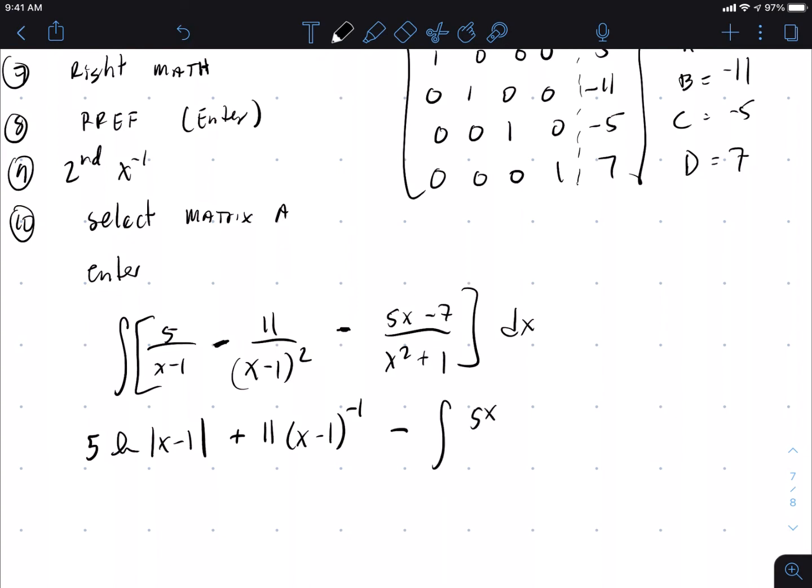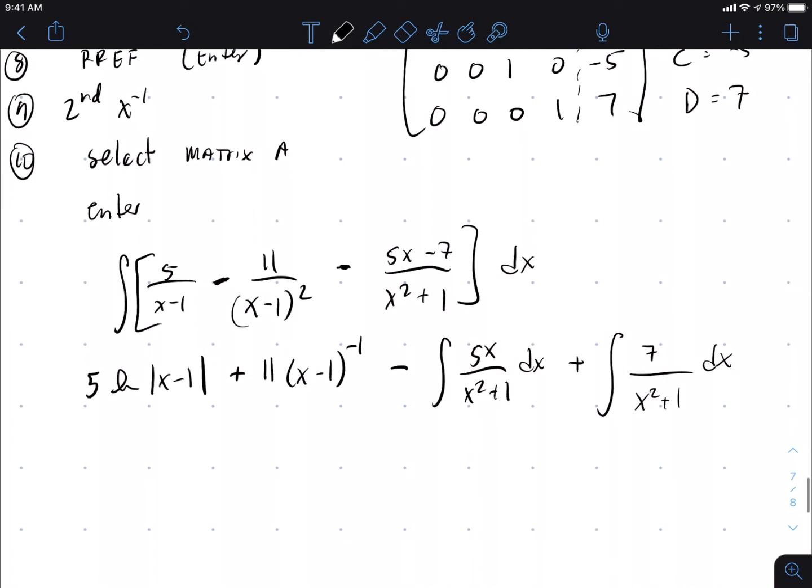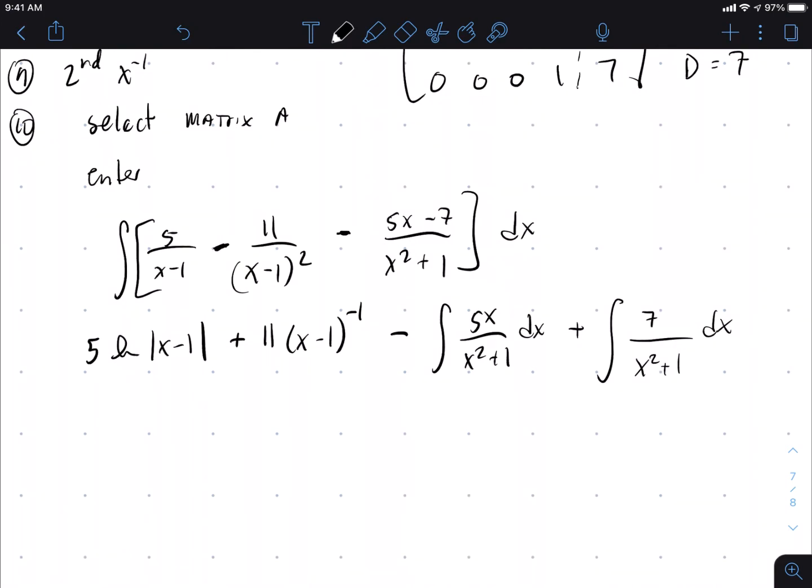It's the integral of 5x over x squared plus 1 dx plus the integral of 7 over x squared plus 1 dx. How I got this one was power rule. This was just ln. Agreed? Agreed. Okay.